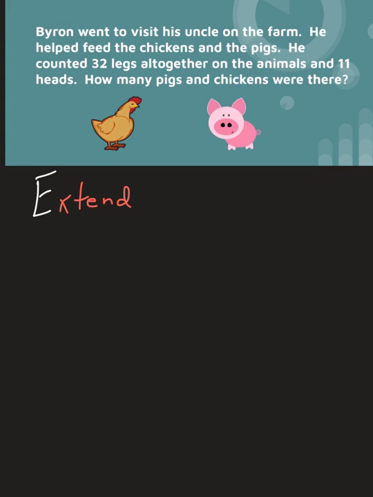So finally we have our extend section. The extend section can be used to enrich a student's experience with these word problems and the problem solving process. Students can make up their own word problem or find a different way to solve these problems. For example, instead of the guess and check or multiplication, students probably could have used a number line and gone through jumps of 4 and jumps of 2 until they solved how many pigs and chickens there were.